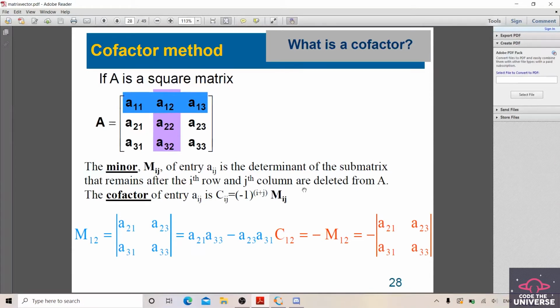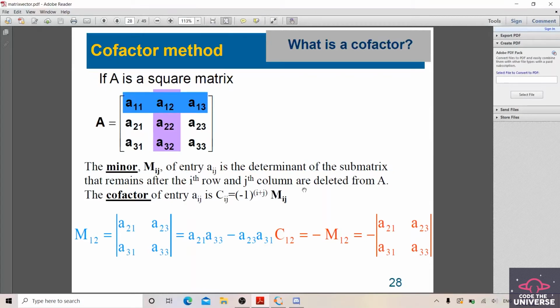Again, there are certain numbers related to submatrices that are related to each and every matrix. In this case, we're dealing with a special number called a cofactor. Let me explain a cofactor like this.